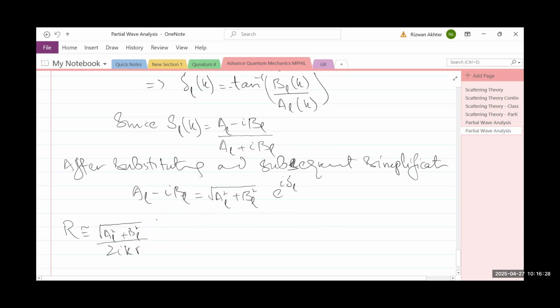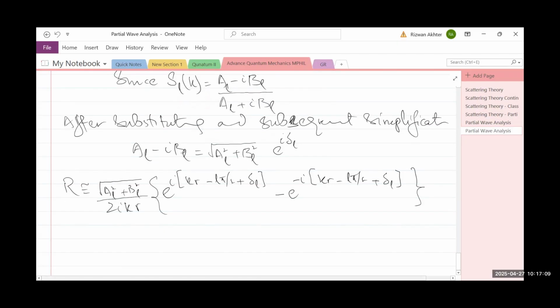After simplification, the equation we get is e to the power iota (k r minus L pi by 2 plus delta sub L) minus e to the power minus iota (k r minus L pi by 2 plus delta L), and this is whole closed. So this is in fact the radial part.